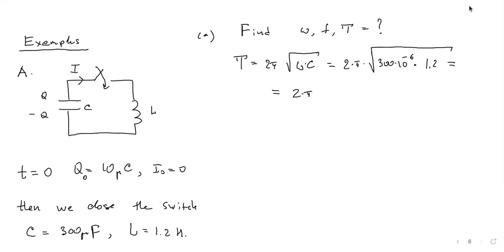3.6. Oh, I miscalculated. Did I? I got 0.912 for everything or for square root? For everything. Mm, 0.119. Under the square root, it's 360 times 10 to the minus 6.